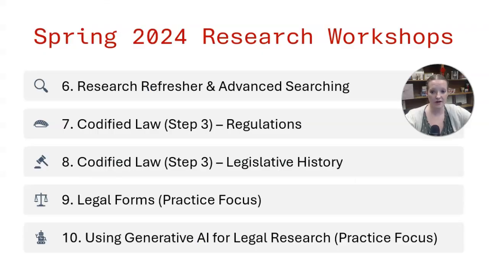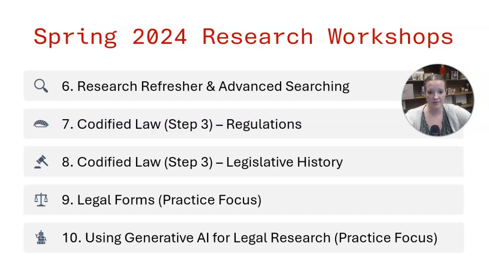That is all I've got for today. In the spring, we will continue to build on what we've talked about this semester, our 4-step research process. We'll do a refresher at the beginning of the spring semester, and then look at advanced searching, right? Talking about using our Boolean terms and connectors, and starting to dig into how best to build those queries. Then for step 3, right, codified law, we've talked primarily about statutes.